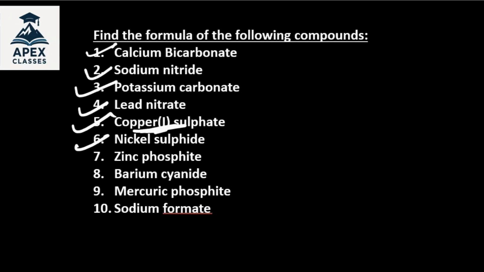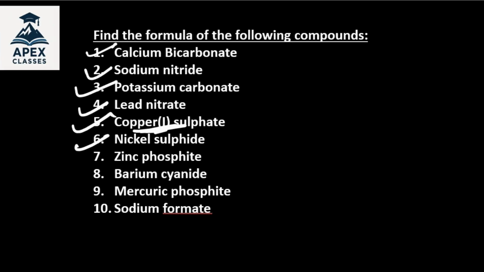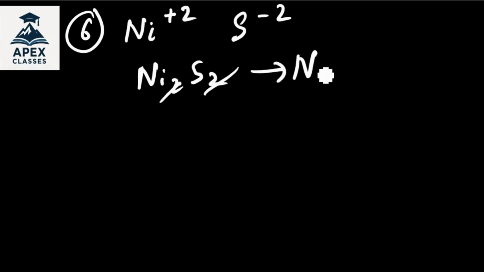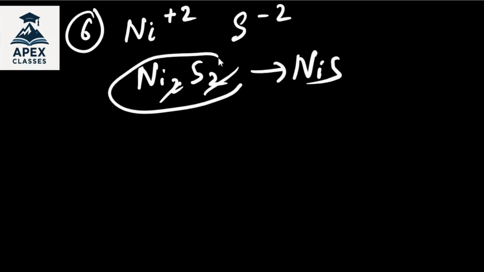Next, nickel sulfide. Nickel is Ni plus 2. Sulfide is S minus 2. So Ni2S2, but we can't write it in this way. The 2s cancel, so it will be NiS. Don't think you will get marks if you write in the format Ni2S2.